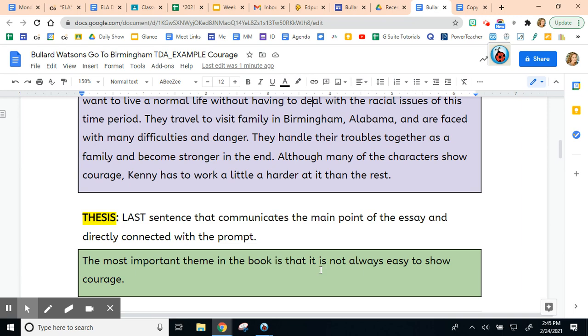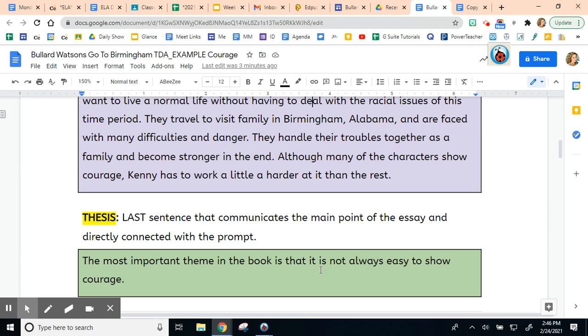I put, the most important theme in the book is that it's not always easy to show courage. Now, you're not going to put that, because you picked one of the other themes. If you pick the family theme, you would say the most important theme in the book is family takes care of each other.